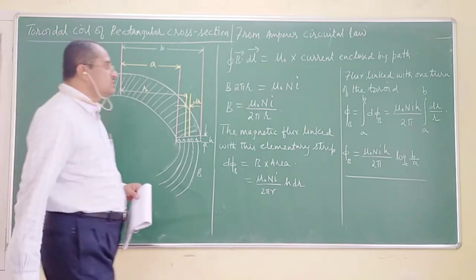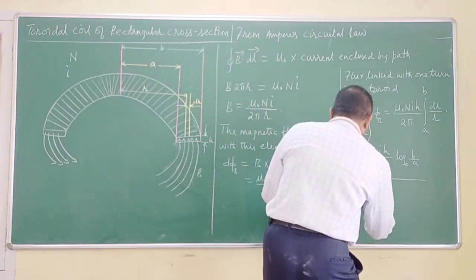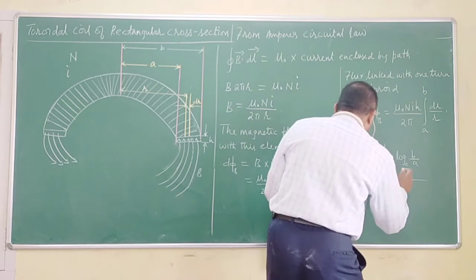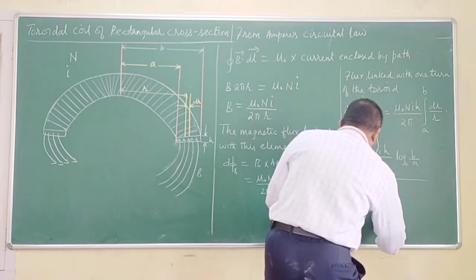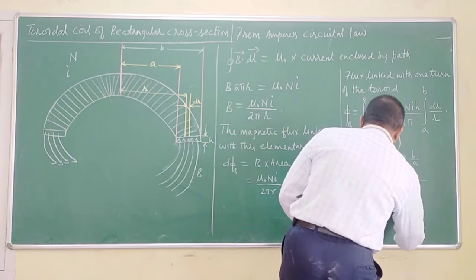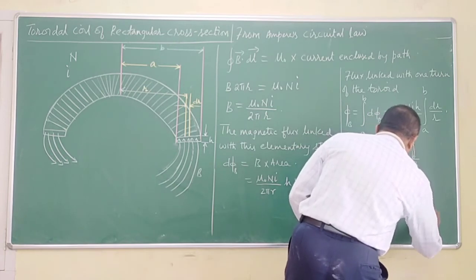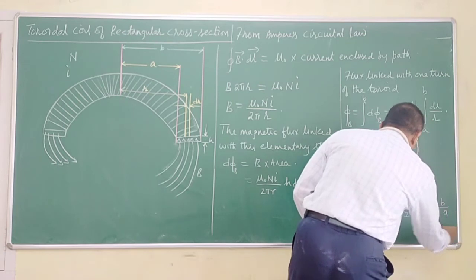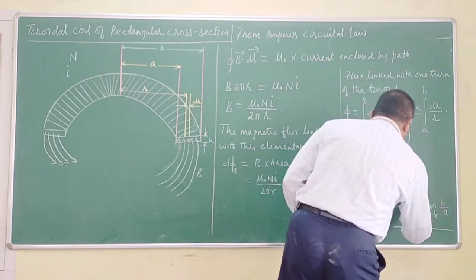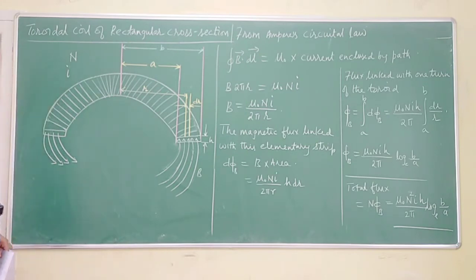So what is the total flux? When there are N turns, total flux will be equal to N phi B. This will give me mu naught N square I h upon 2 pi log to the base e b by a. This will give me the total flux.